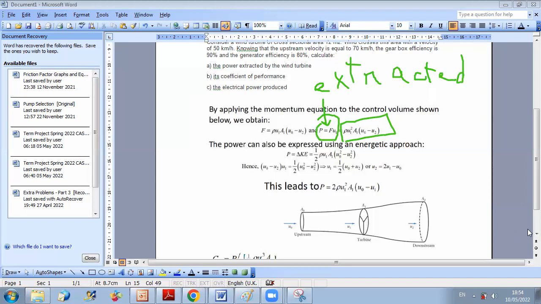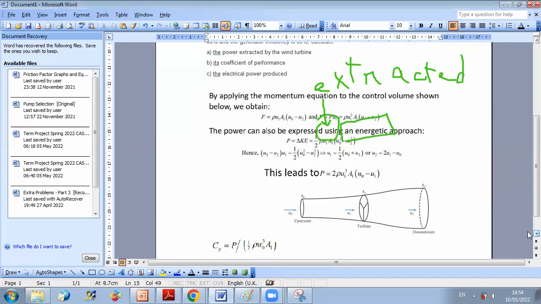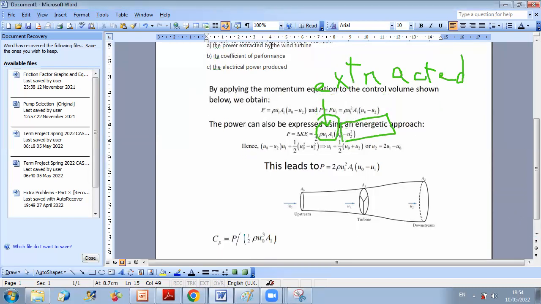Okay, so we have developed already in the course material that the maximum extracted power from a wind turbine is the following. It's half rho U0 cubed times A1, where U0 represents the upstream velocity.